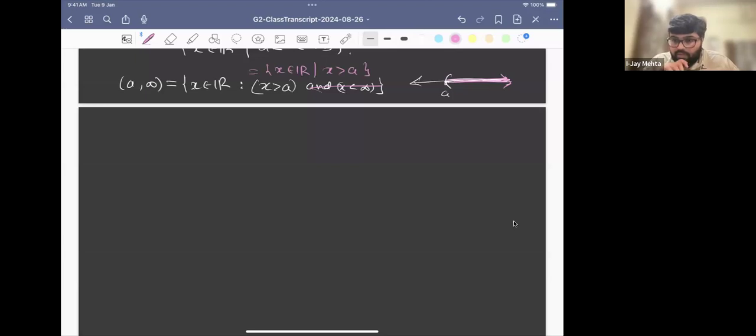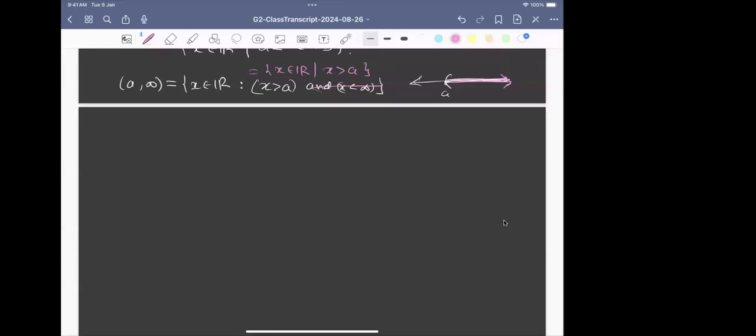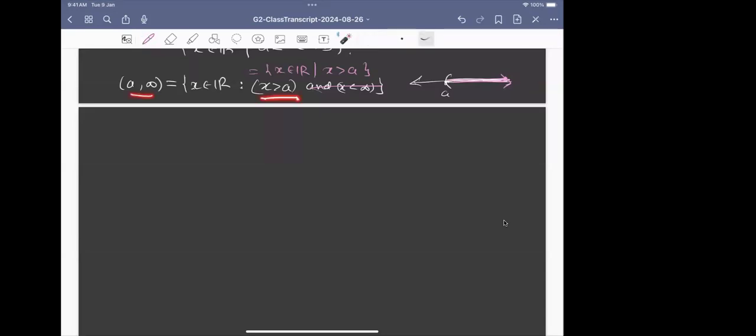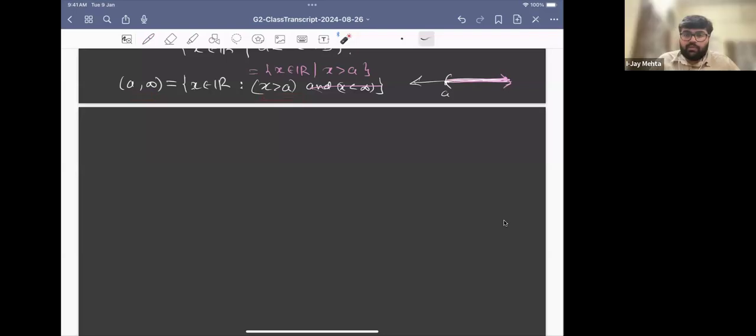All of you understand this? Akanksha, what is the problem? I did not understand why you cut X less than A. Here it is written X greater than A, and X less than infinity, right?